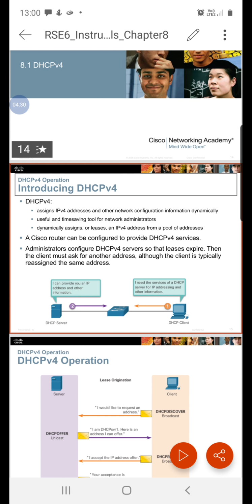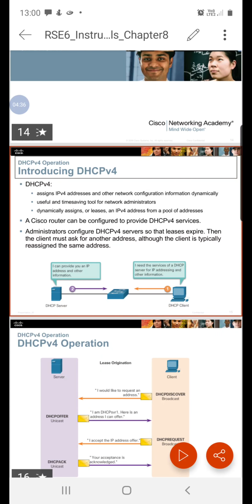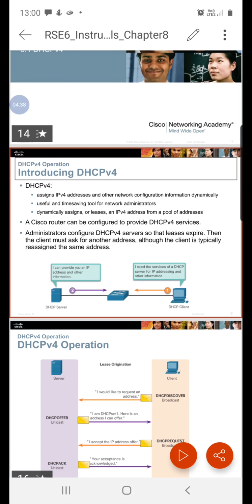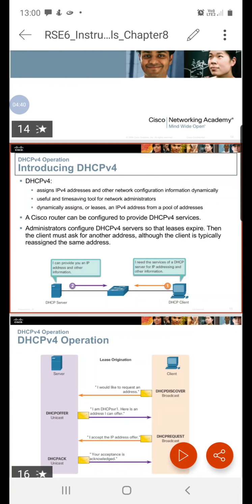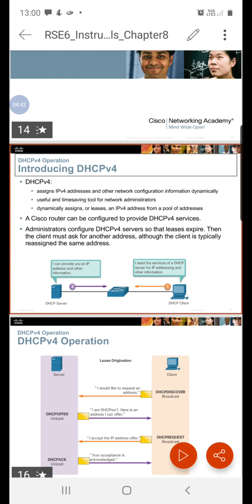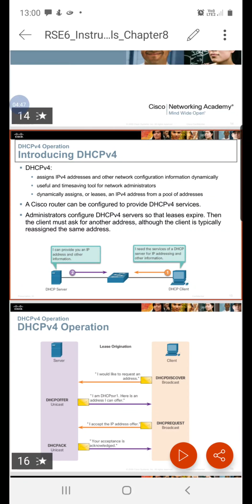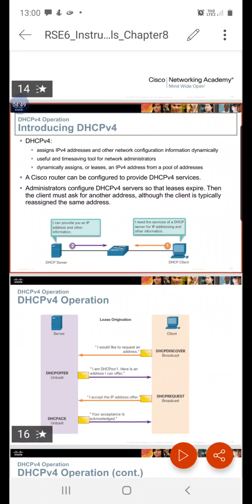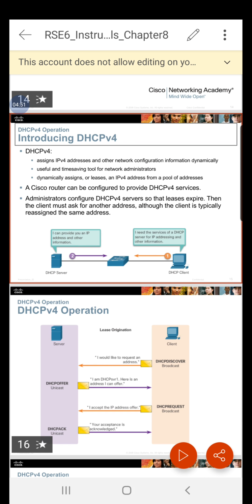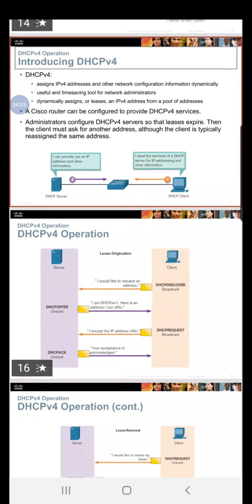Even though the same address can be assigned from the server to the DHCP client, it needs to renew that address by giving the request again, right? That is, a DHCP renewal request has to be given by the client to the server. That should be done by the devices periodically.